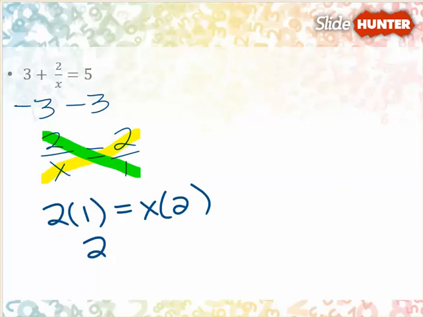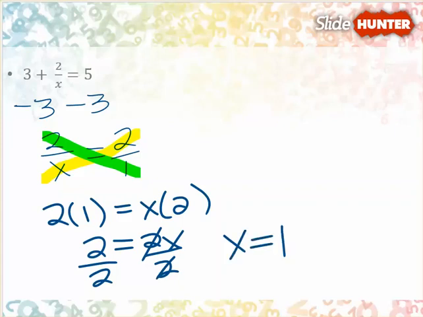So in other words, 2 is going to equal 2x. I want to get x by itself, so I just have to divide everything by 2. 2 divided by 2 means that x is equal to 1. Again, we can double check. X in the denominator, if I put 1 in there, that is a valid solution.